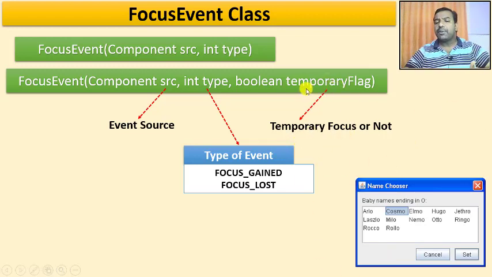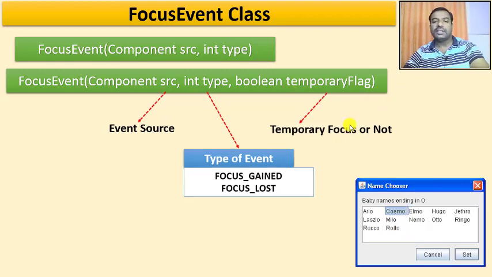Hence this temporary flag tells me whether the component is going to hold temporary focus or some sort of permanent focus. If the flag is true, it is temporary focus. If it is false, it is not temporary focus. Right now, for this object, even if I remove the cursor, the focus will stay on. Hence the temporary flag will be false in this case.